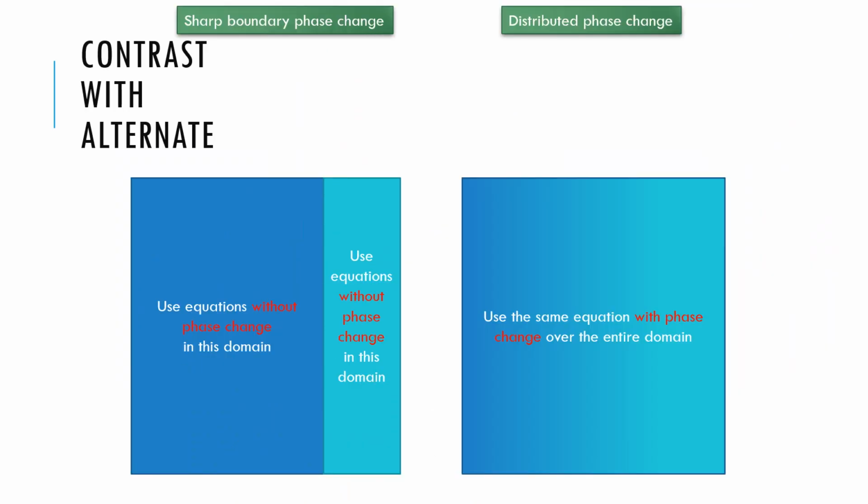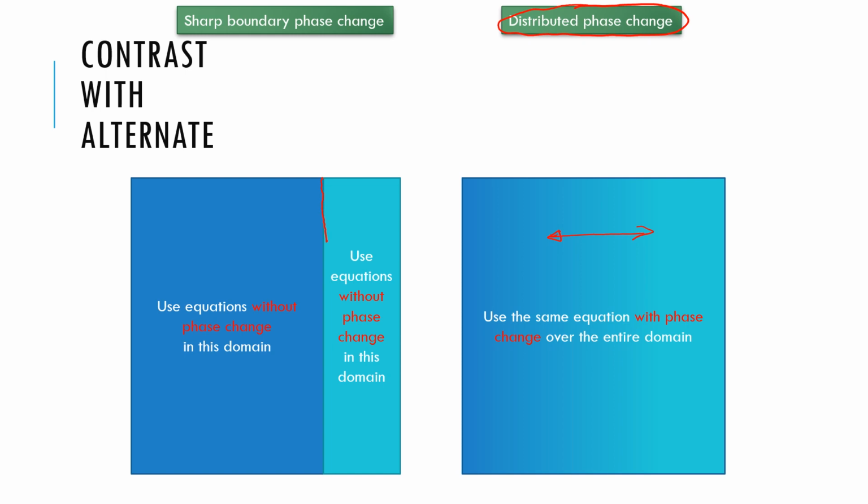We can compare the sharp boundary phase change that we just discussed with its alternative. So sharp boundary, we have this one sharp boundary where phase change happens. So its alternative is distributed phase change, where phase change can happen throughout the domain. But just because the formulation allows phase change throughout the domain, that's not what we see.